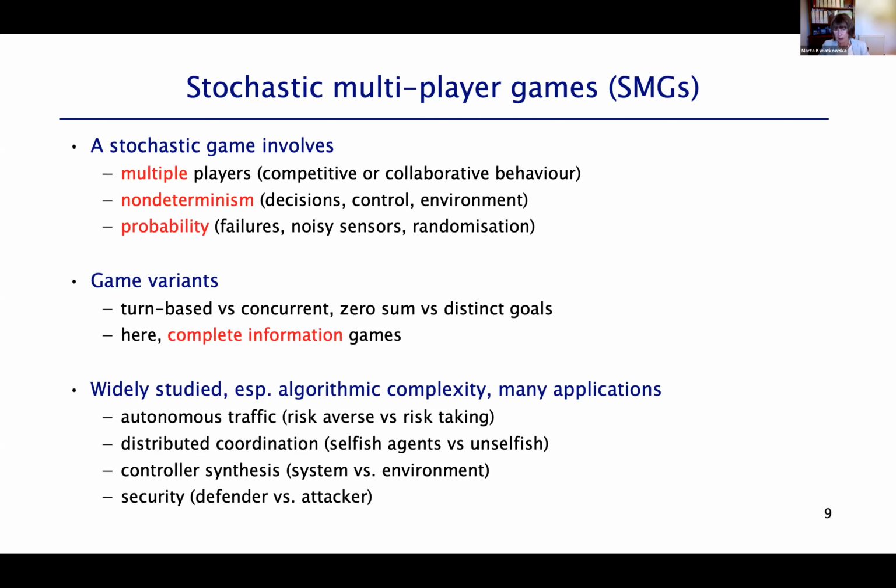But from the point of view of applications, there are numerous applications already, both within PRISM-games and outside. I mean, autonomous traffic, risk-averse versus risk-taking, selfish versus unselfish agents in distributed coordination, modeling the system and the system playing against an adversarial environment, in security, defender, attacker. So there are multiple applications.